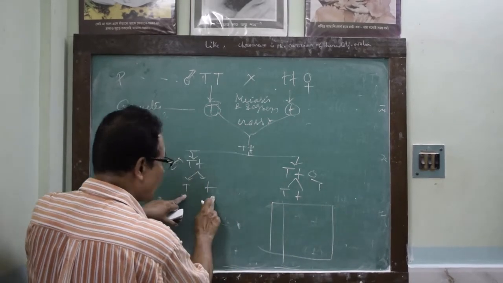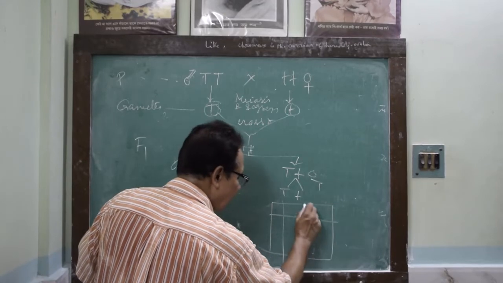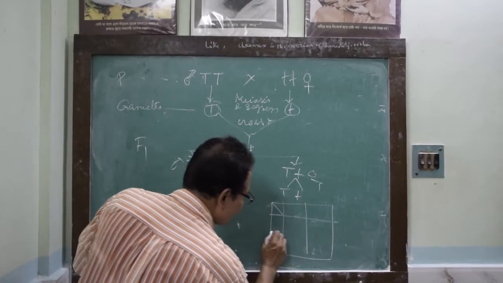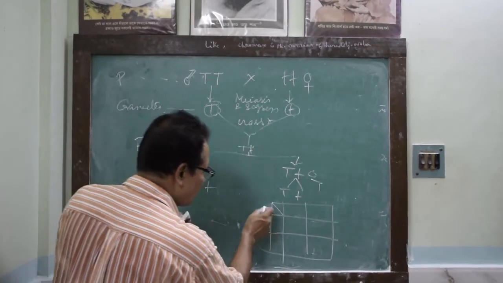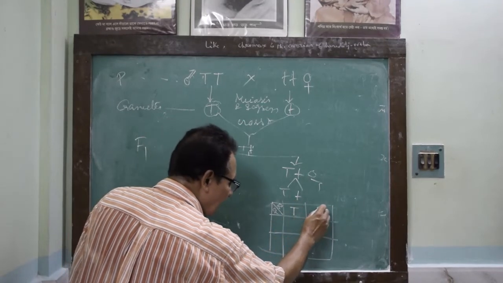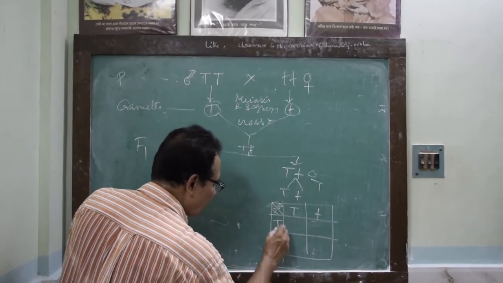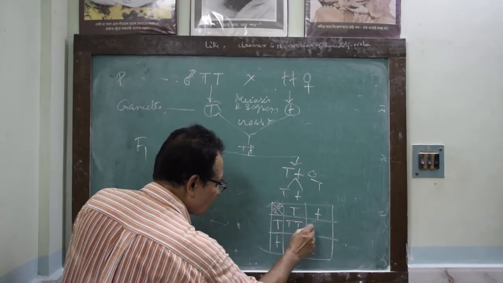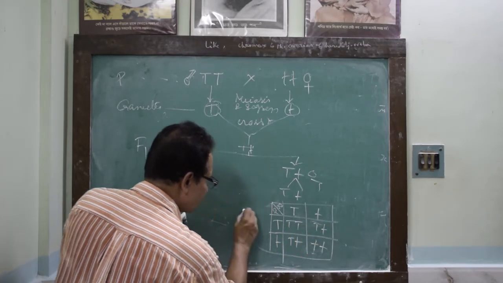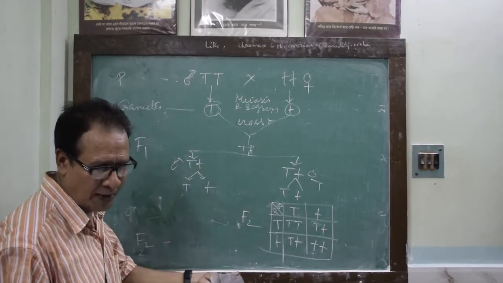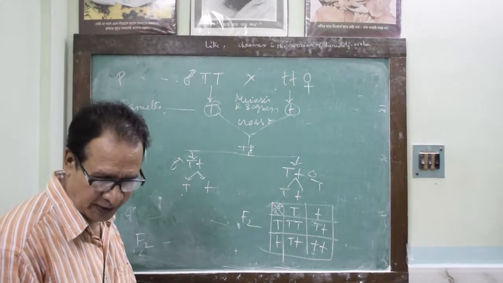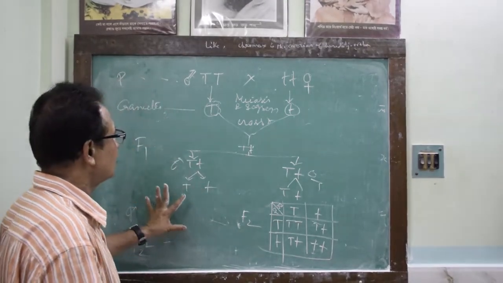As there are 2 types of male gamete and 2 types of female gamete, only 4 types of offspring are formed. Here you put the male gametes, here put the female gametes, and then capital T, small t, F2, and then you write the phenotypic ratio and genotypic ratio. It is the monohybrid cross.